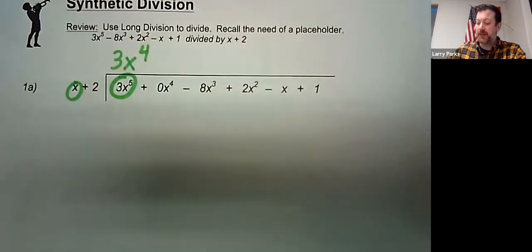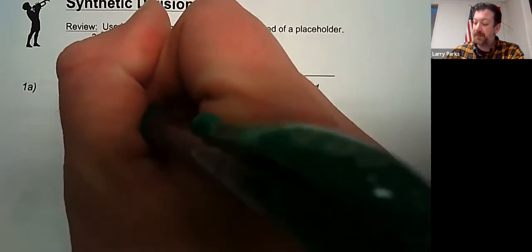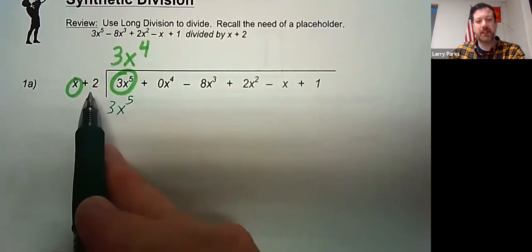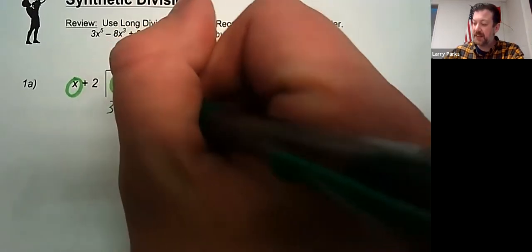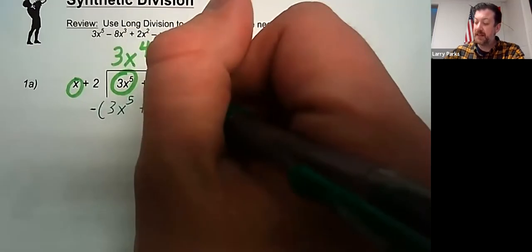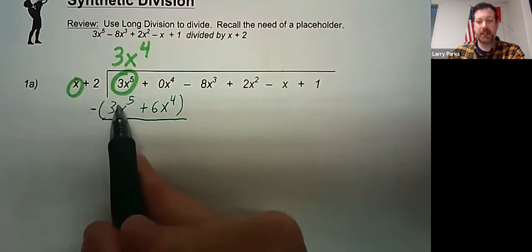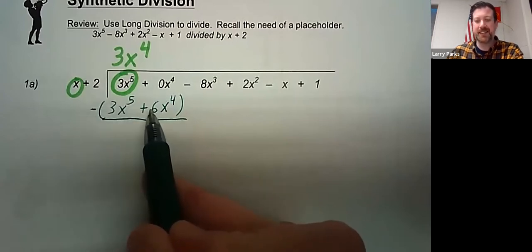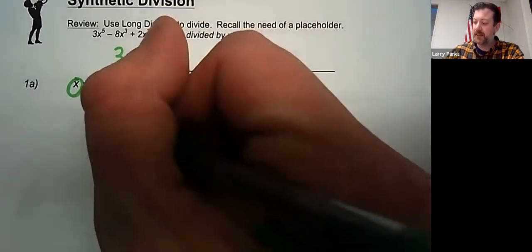I better switch markers, I'm going to run out of room here. Then I take 3x to the 4th times 2, and that's 6x to the 4th. You then subtract that off. So that's 3 minus 3, that's gone. 0 minus positive 6 is the same thing as 0 minus 6, so that'd be negative 6x to the 4th.